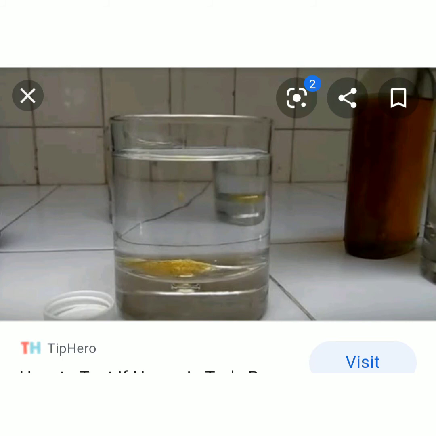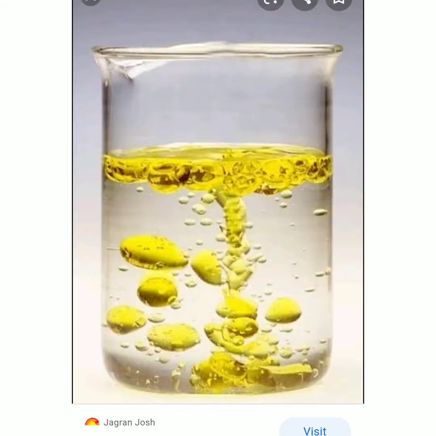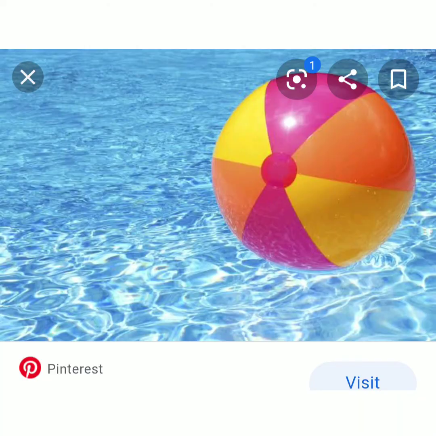Again, add some coconut oil to a glass of water. Observe the change. It will rise to the top of the water. It also did not mix with water. So honey and oil are liquids.